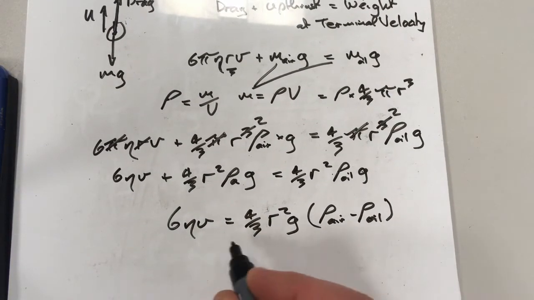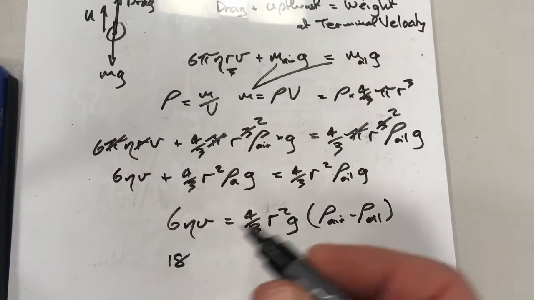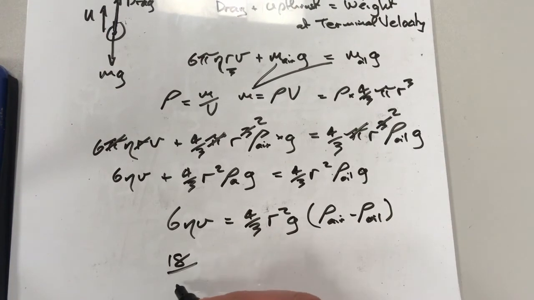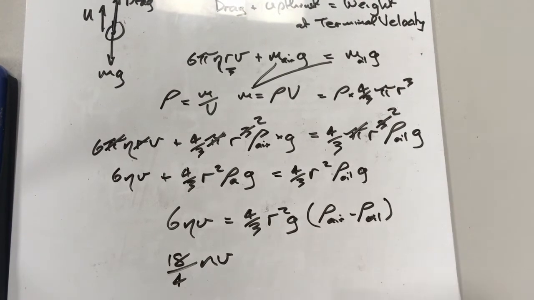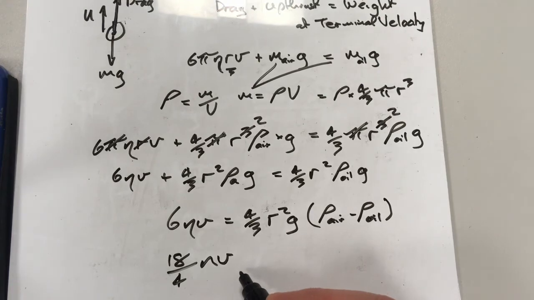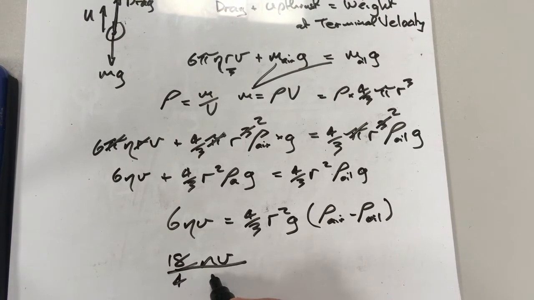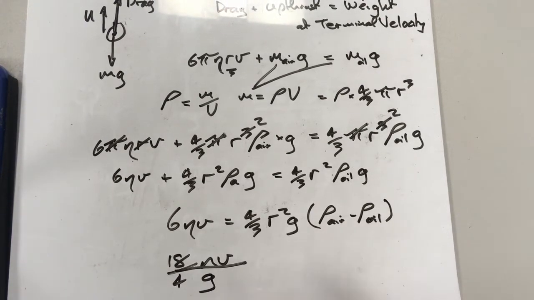So I basically end up with 18 over 4 nu v, a bit inconvenient, so I'm going to move that out of the way, but we have our over g, let's take the g across, and we have our subtraction of densities.